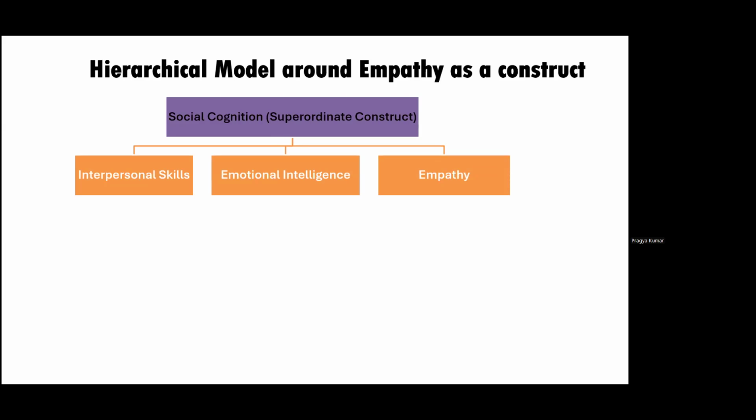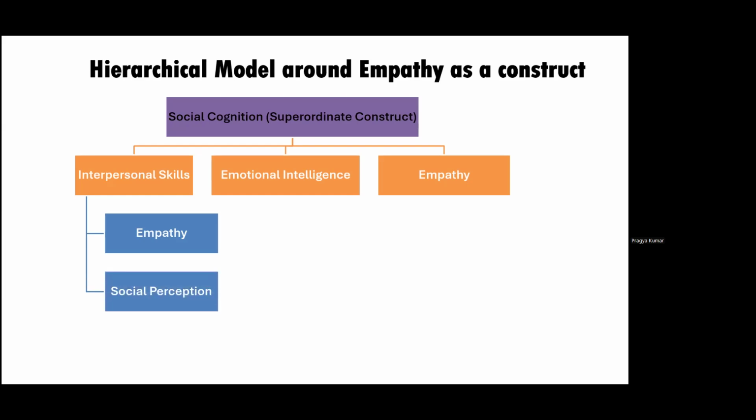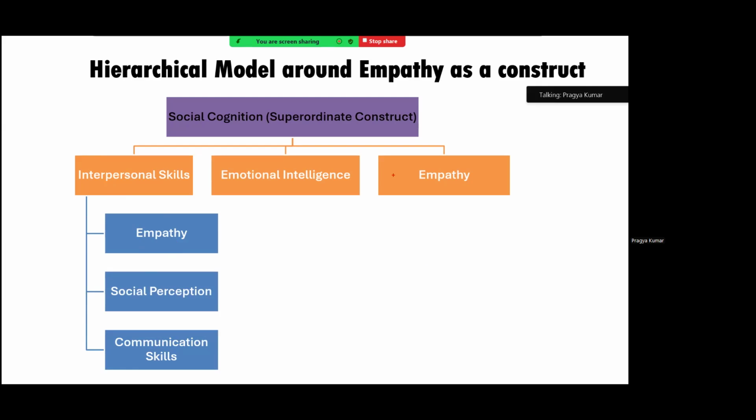Now coming to the secondary constructs of interpersonal skills, you can see empathy, social perception, and communication skills. So empathy is a secondary construct, and it is also acting like a primary construct. This I am telling you from theory.